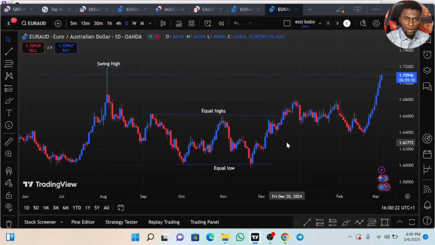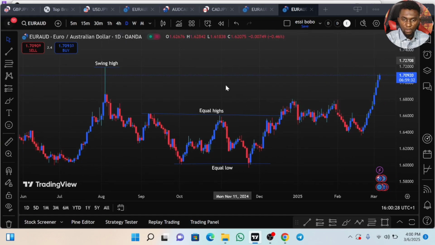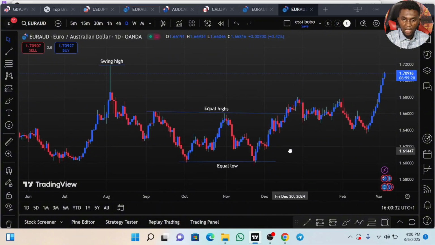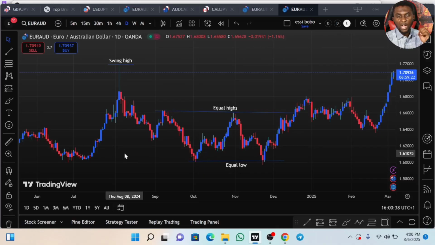All right. Now let's talk about internal liquidity. This is actually the daily time frame. I use the daily time frame to show you an example of external liquidity. You can use any time frame to identify liquidity, but basically to identify major liquidity zones, use the higher time frame like the 1 hour, the 4 hour, or the daily.